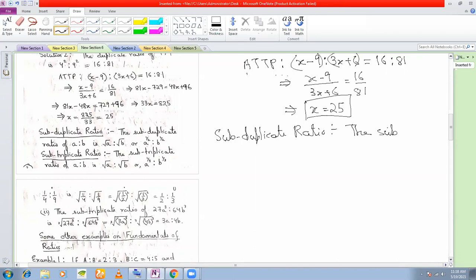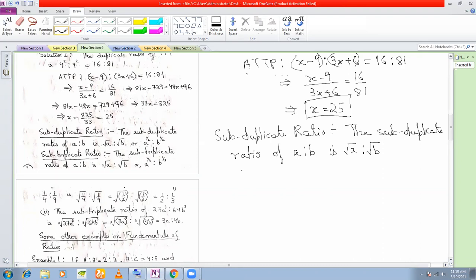So the sub-duplicate ratio of a is to b is square root of a is to square root of b.